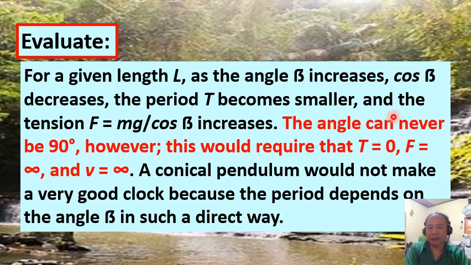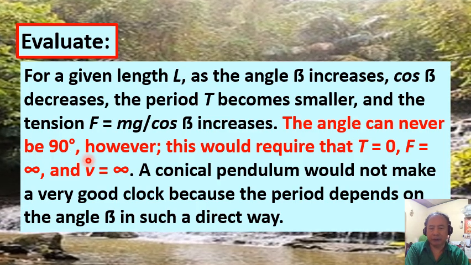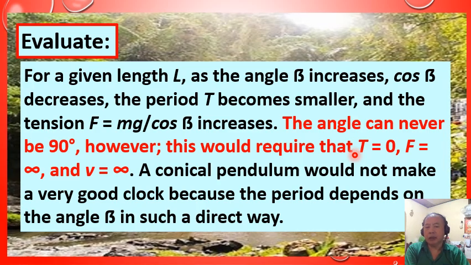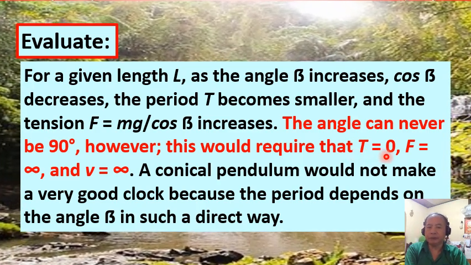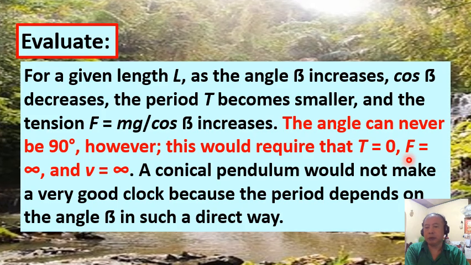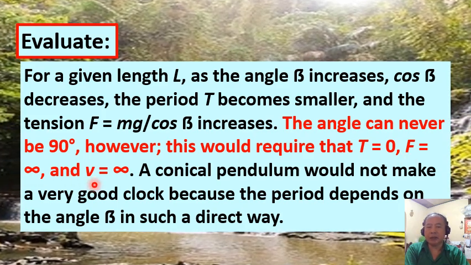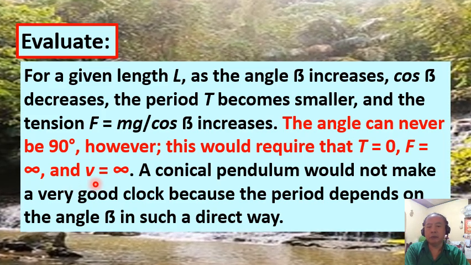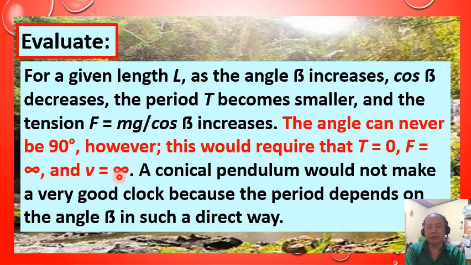The angle can never be equal to 90 degrees, however, because this would require that the period, capital T, will be equal to 0, and the tension force, capital F, will be infinity, as well as the speed of the bulb would be equal to infinity.